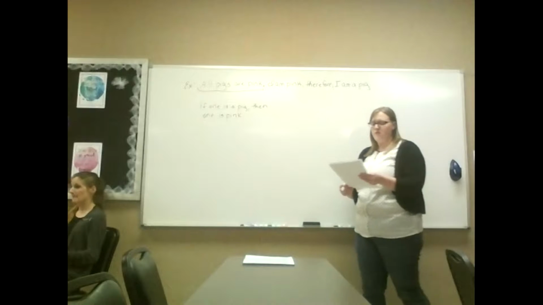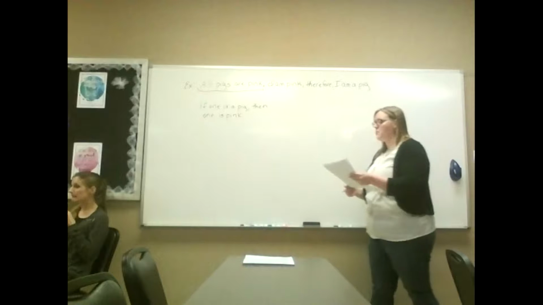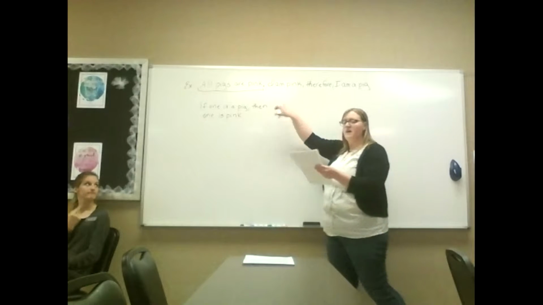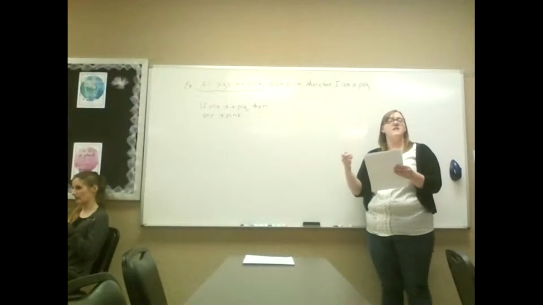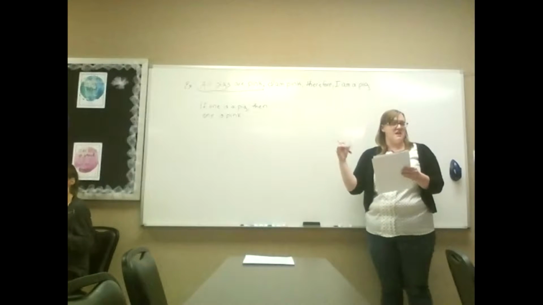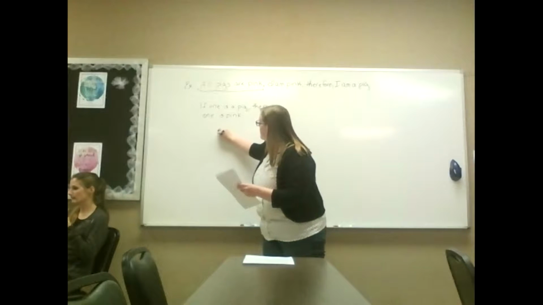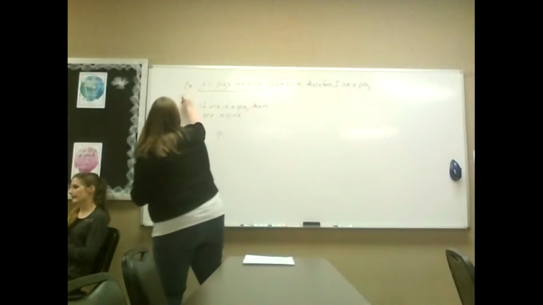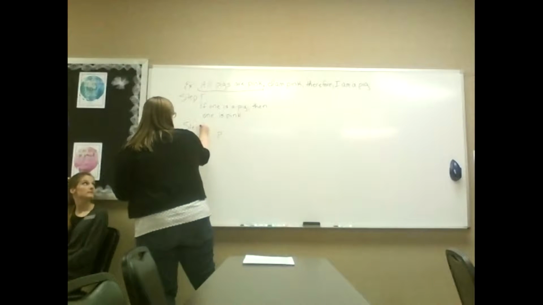Now on step 2, identify the simple statements that make up the if-then statement from step 1, which is this right here, and label them with variables. You can choose any variable you want, but generally we use P and Q. Okay? So let me label these. Step 1, step 2.